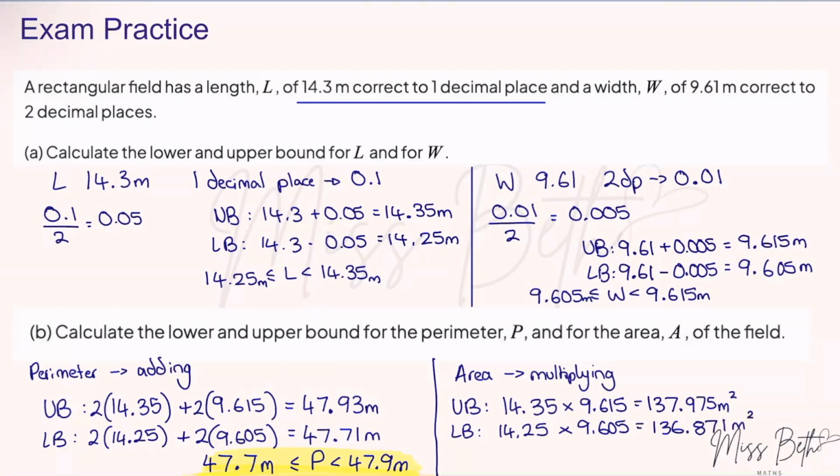Again, for your interval, I'm going to round these to 3 significant figures this time. So I would have 137 as my lower bound, sorry, and then 138 as the upper bound. And that would be your completed interval for area.